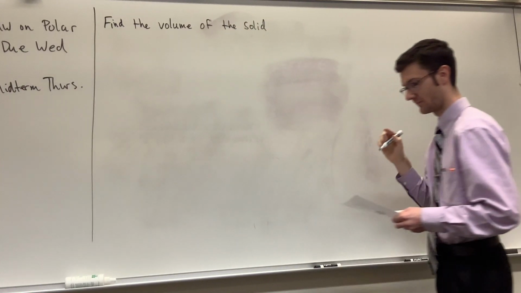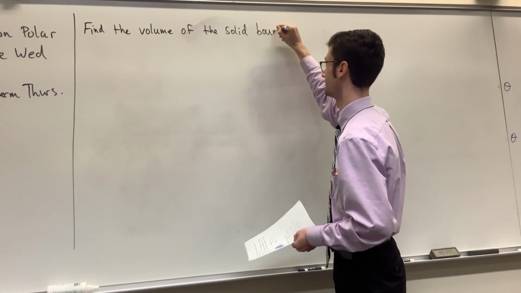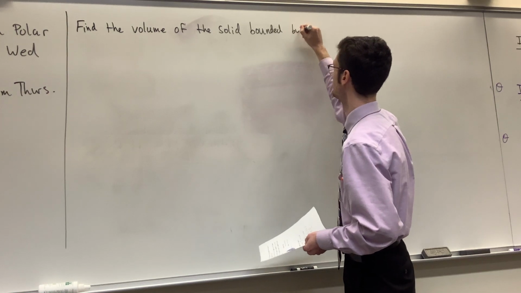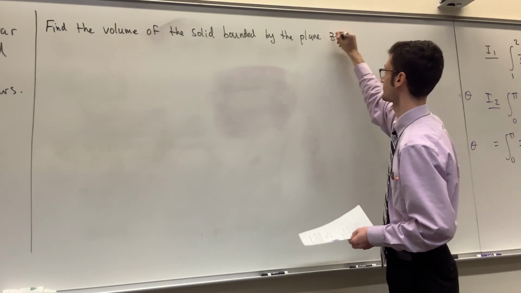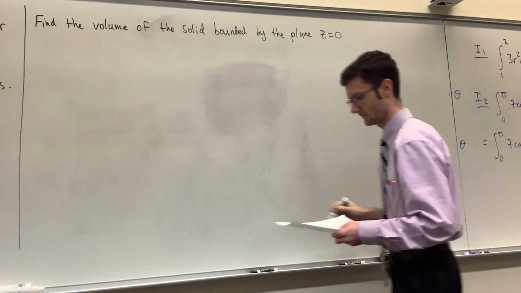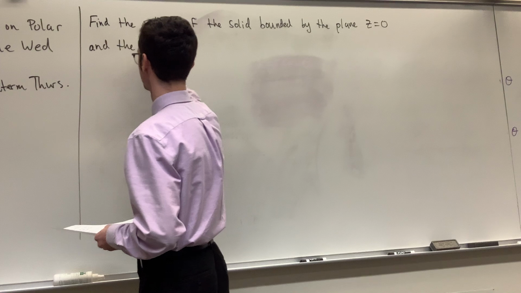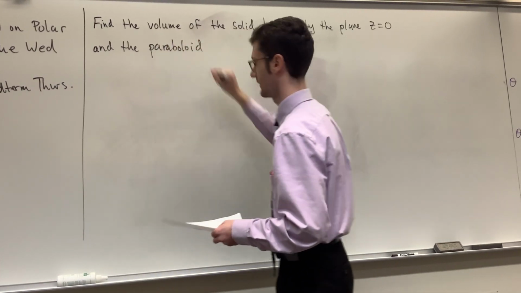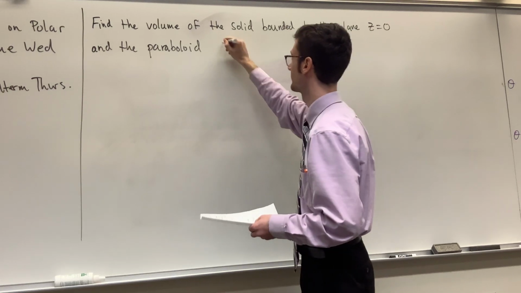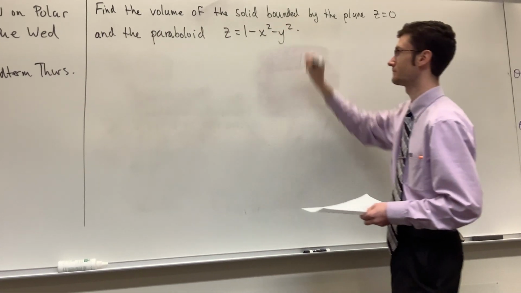Okay, we're looking for the volume of this solid bounded by the xy plane and this paraboloid, z equals 1 minus x squared minus y squared.